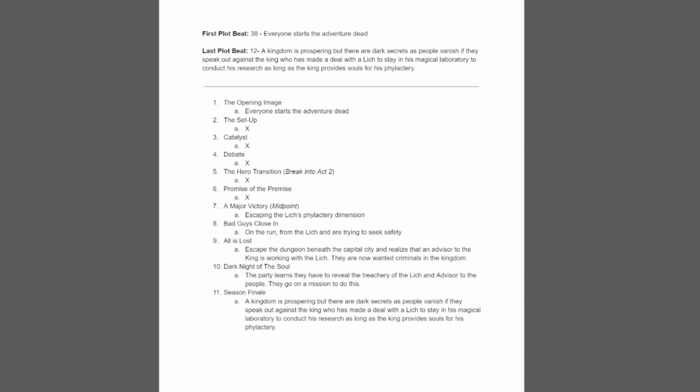And perhaps they are able to find some officials to say, hey, there's a Lich. They get met by the advisor, and actually, this advisor's working with the Lich, so they're now wanted criminals. And they go, oh my god, it goes deeper than we thought. So they need to go directly to the government.